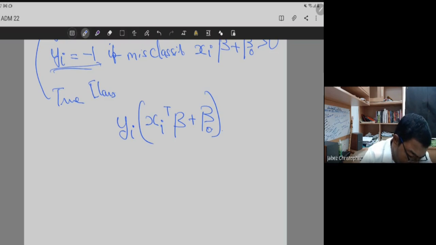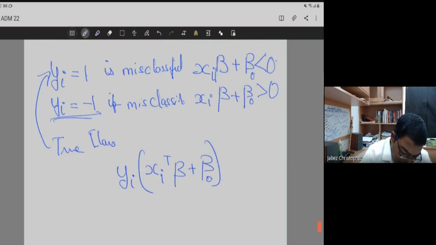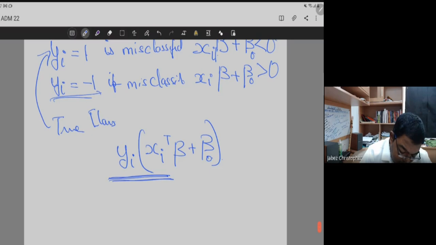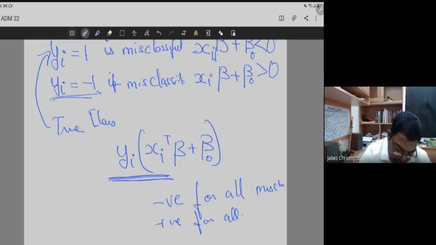What will this value be? Negative for all misclassified points and positive for all correctly classified points.